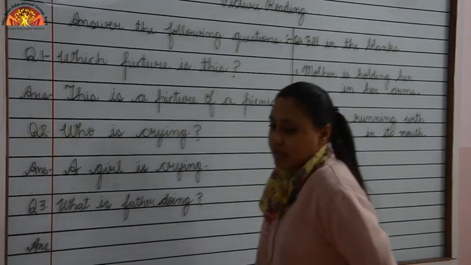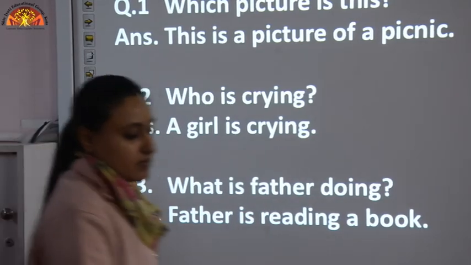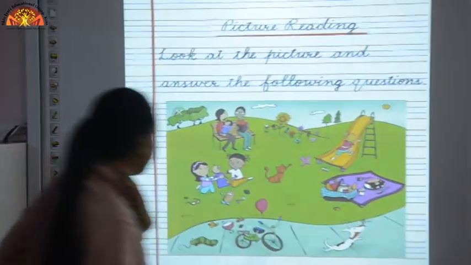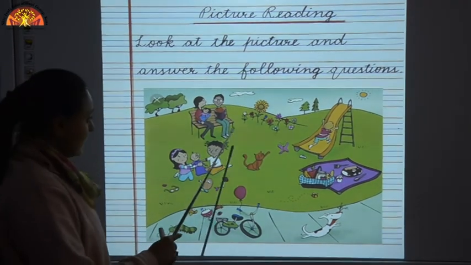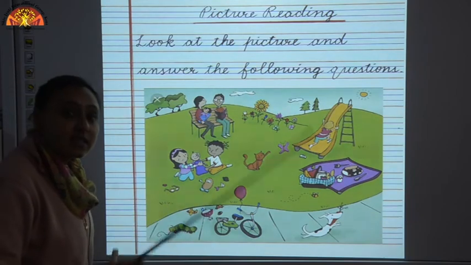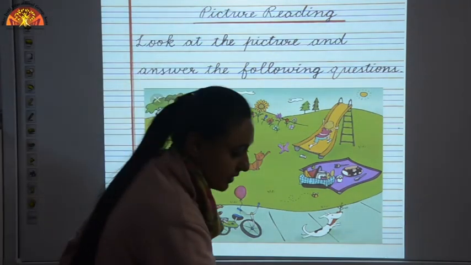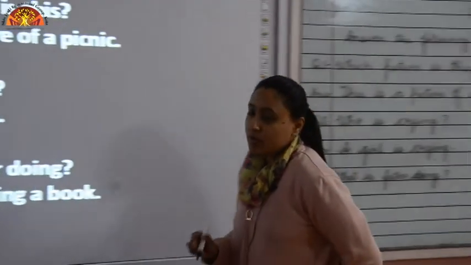Okay, now the next question is, what is father doing? So look at the picture. What is father doing here? You can see father and mother. So father is holding a book in his hand. So father is reading. Okay, so the correct answer is father is reading a book.